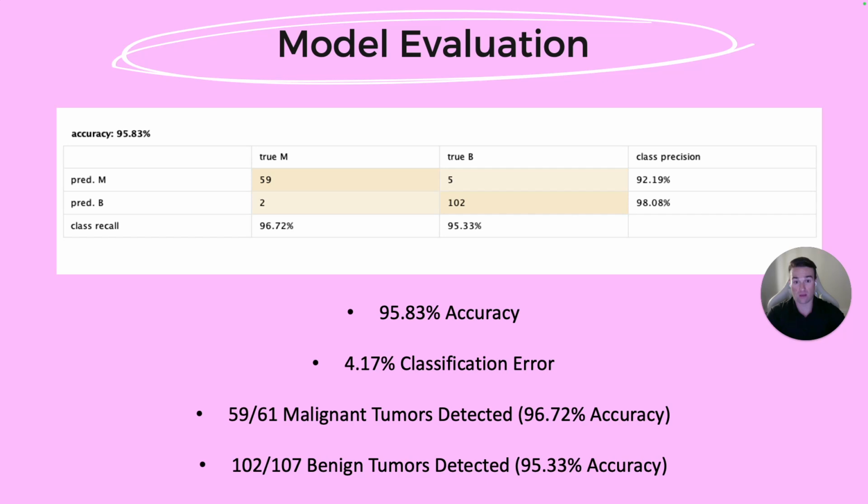On the right column, under true B for benign, we see that it predicted 102 patients with benign tumors out of a total of 107 actual benign tumors. So it's 95.33% accuracy. So that's very good as well. More importantly to me is that it was more accurate with identifying malignancy, because that's what we're solving for. We want to get those people treatment soon, as they're the most at risk.